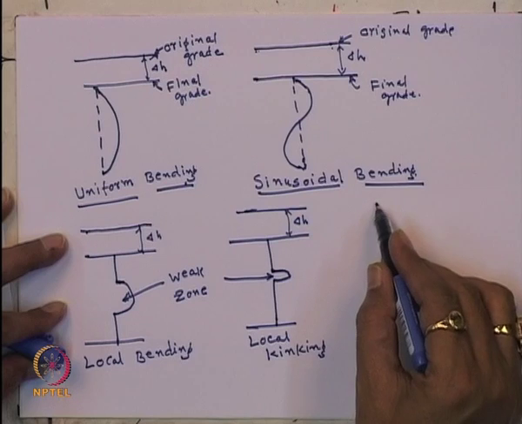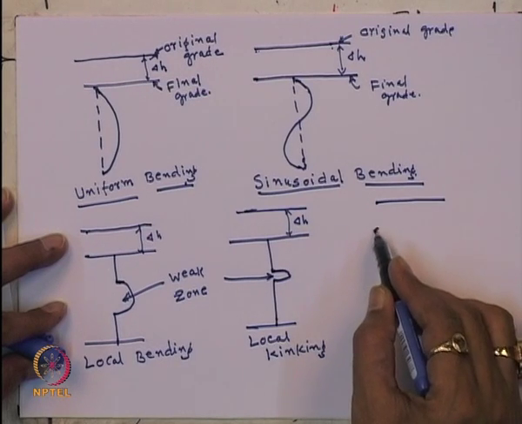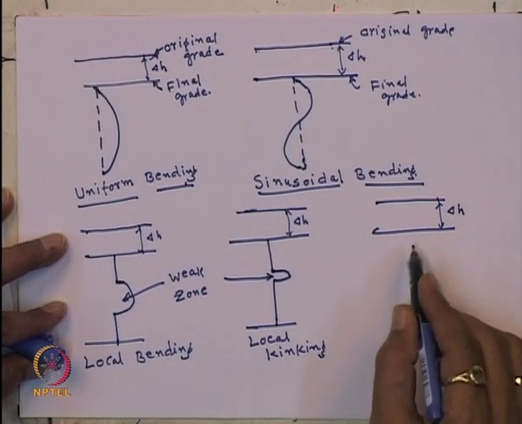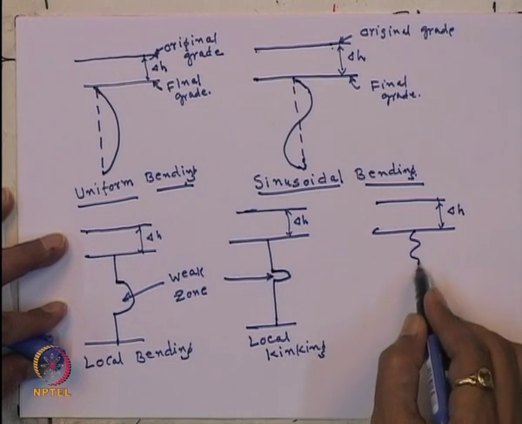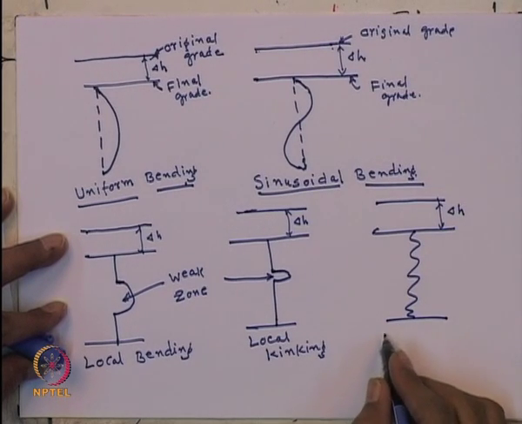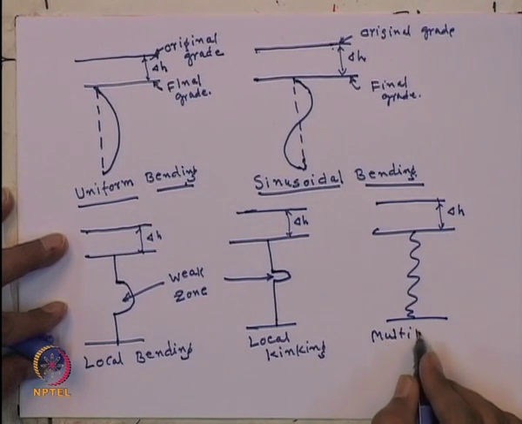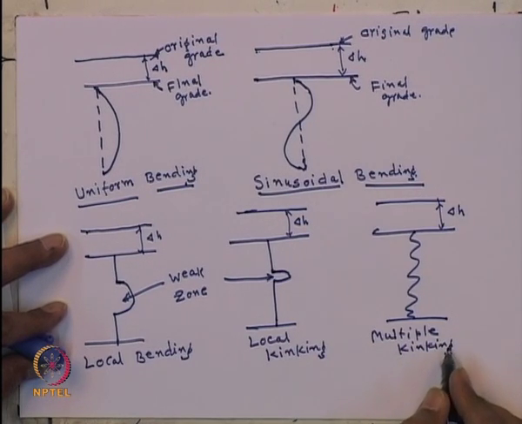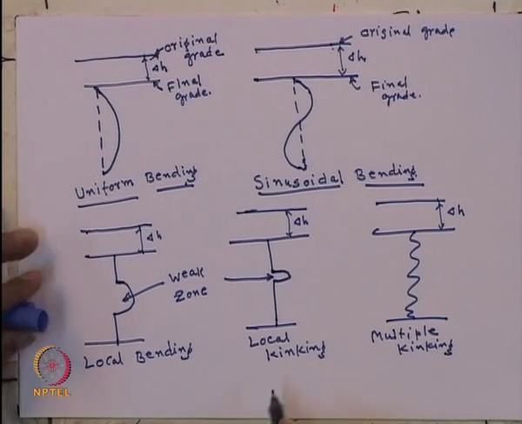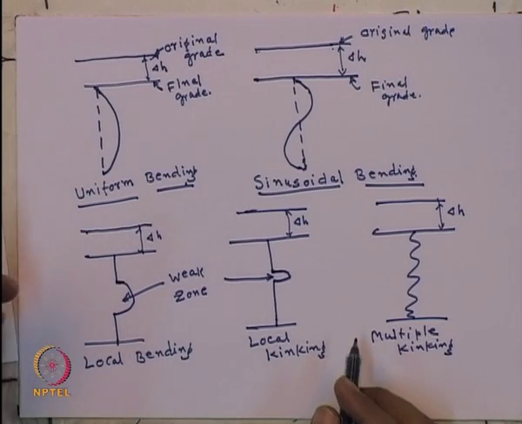Or it may be, if this is the delta H, or it may be like this. So, this we call multiple kinking, and this is given by Rollins and Koerner, 1988.